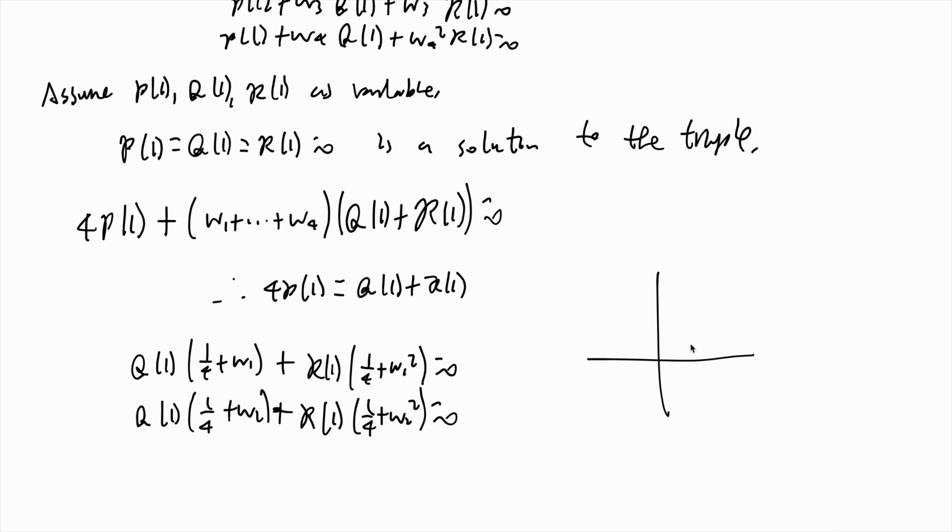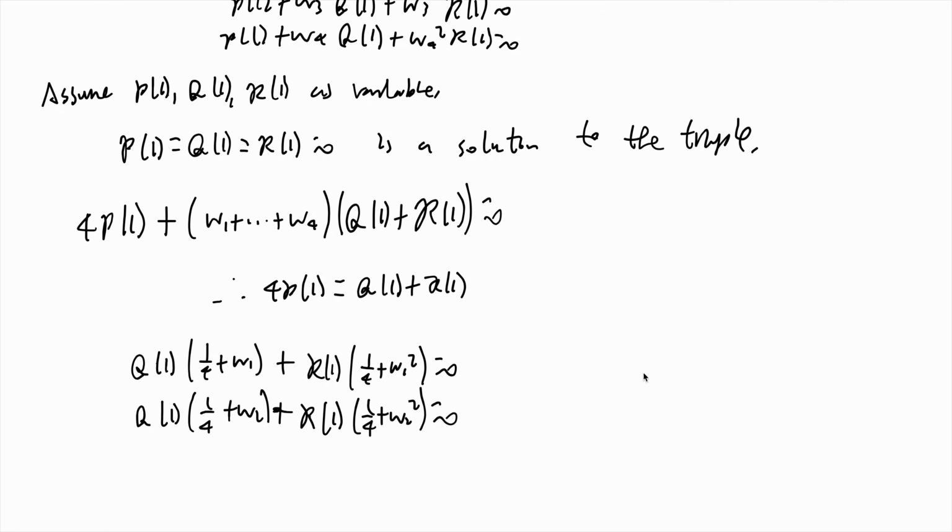That way when we graph them, they both pass through 0, 0. So that way we could assure that this is the only solution.